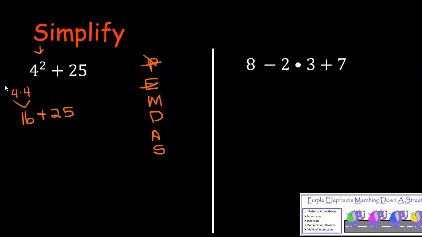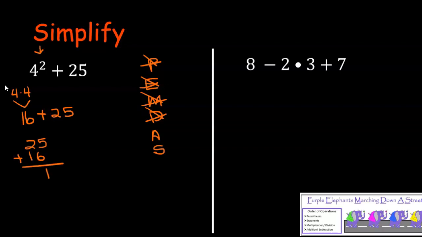Do we have any multiplication? Nope. Do we have any division for D? Nope. We do have an A though, don't we? We have addition. We're going to go ahead and add 16 plus 25. So if you want to write it like this, 25 plus 16, remember you can add in any order. 5 plus 6 is 11.